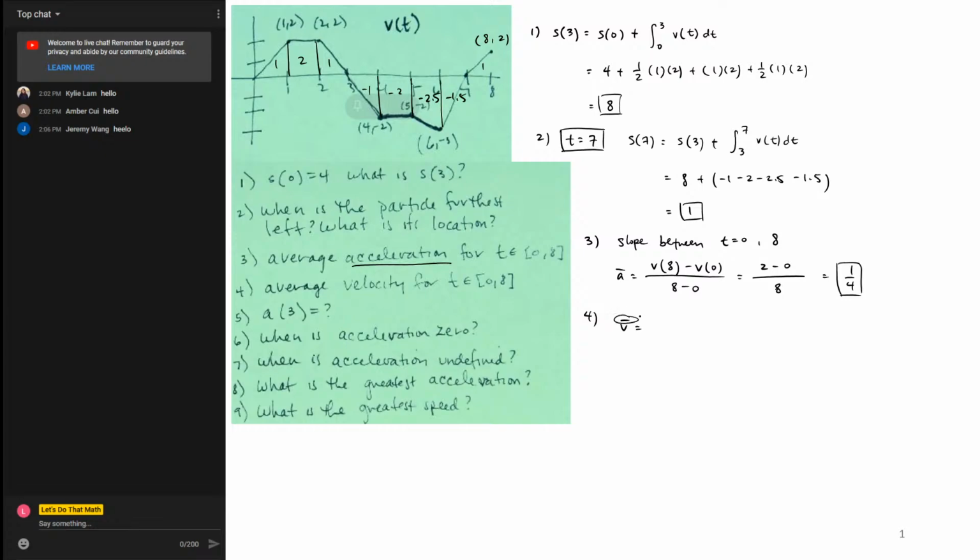by the way, this bar here is a common notation used for average, or you can also write V average, whatever you like. But the formula is 1 over 8 minus 0, integral from 0 to 8 of our velocity.